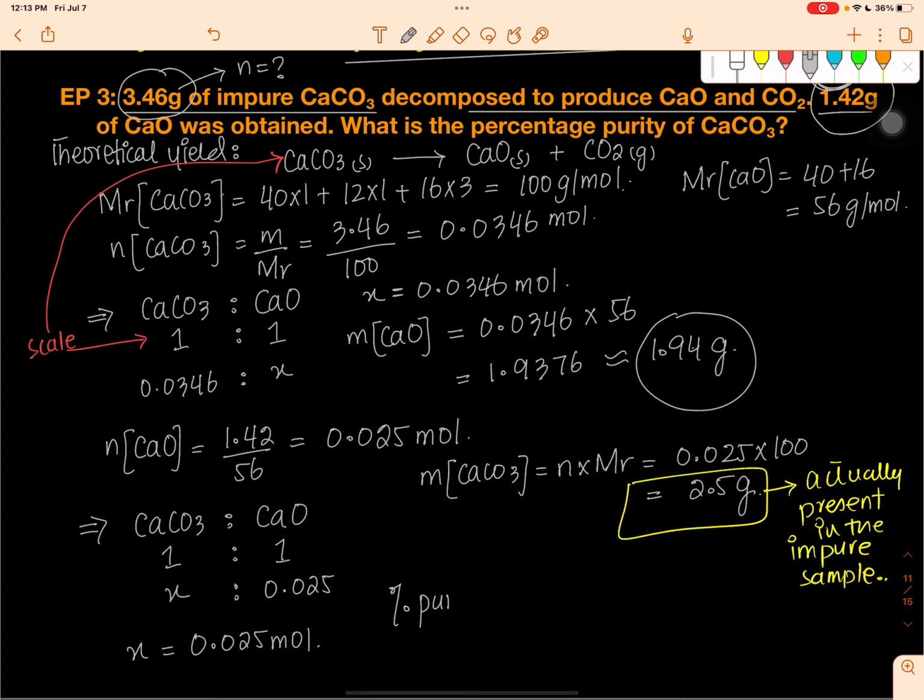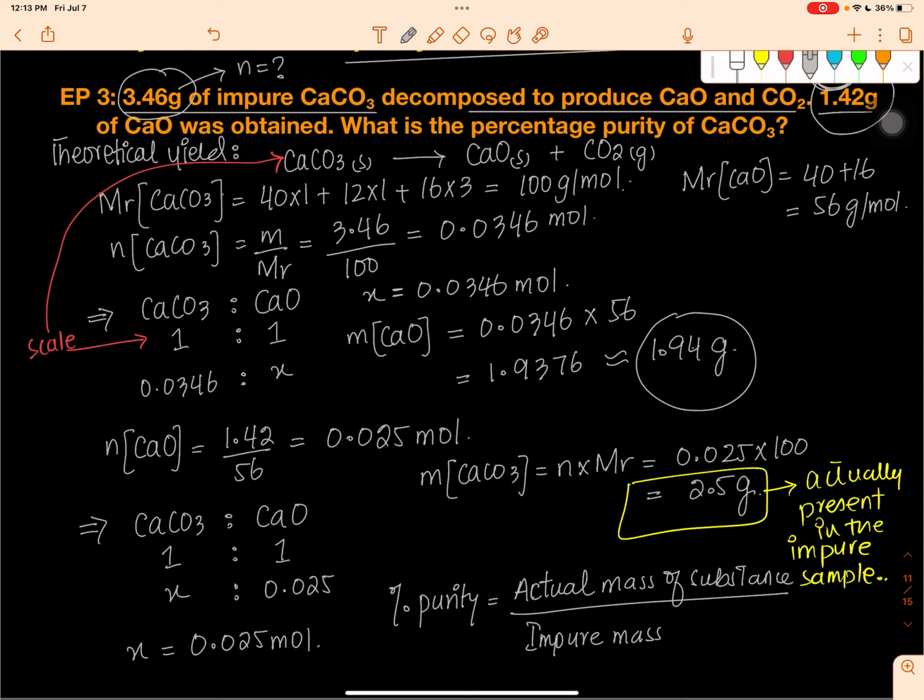So percent purity is equal to actual mass of substance divided by mass of impure substance, times 100.